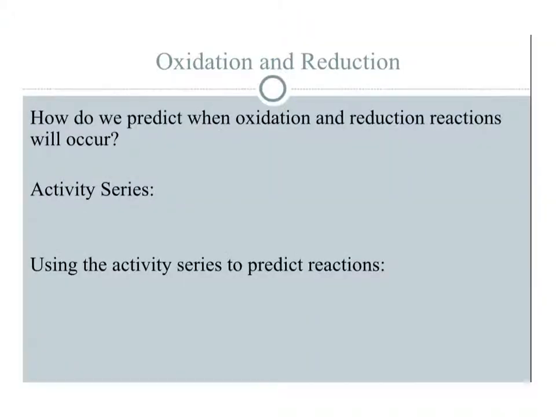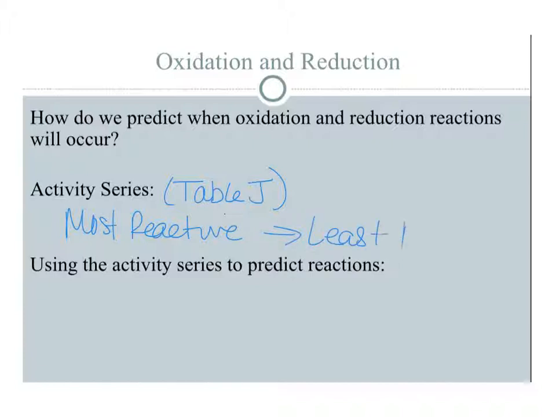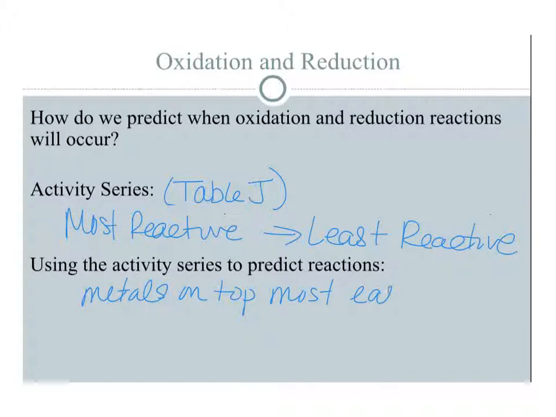How do we predict when oxidation and reduction reactions occur? The activity series. You're familiar with this. It is called Table J. And it goes from most reactive to least reactive. The metals on the top are most easily oxidized.